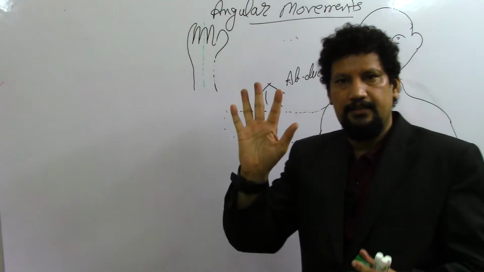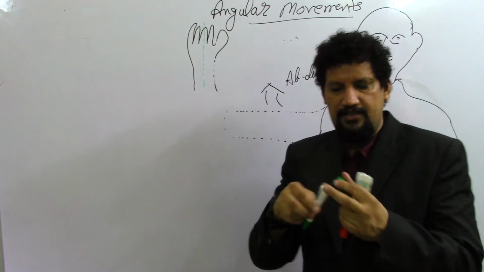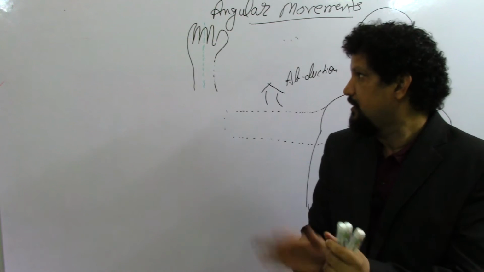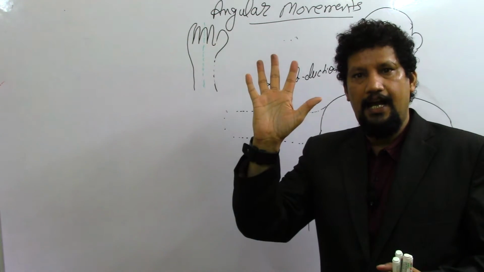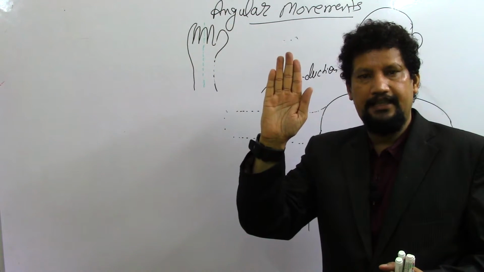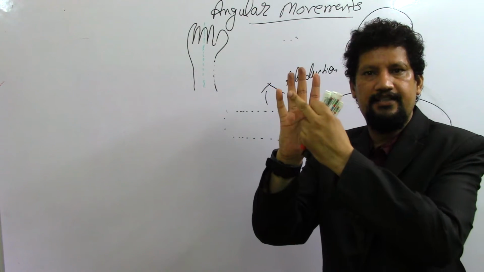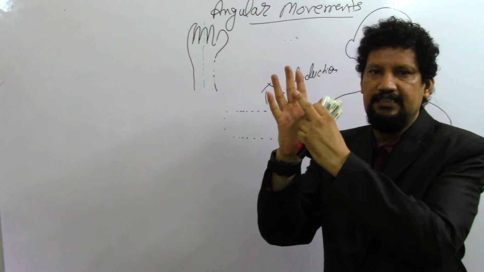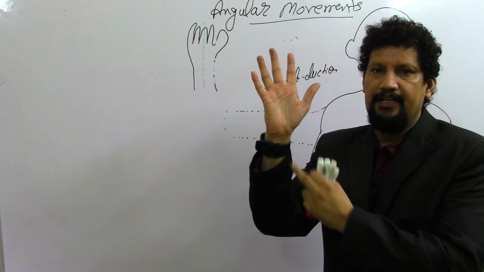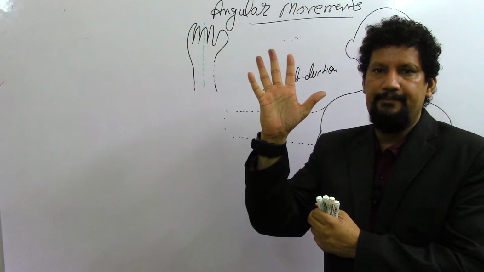So the middle finger is used to define abduction and adduction in the upper limb. Movements are occurring in relation to the axis which is passing through the middle finger.